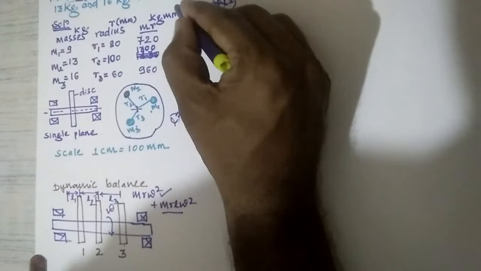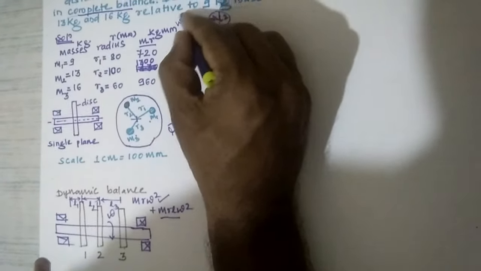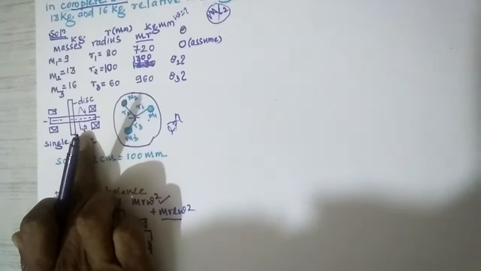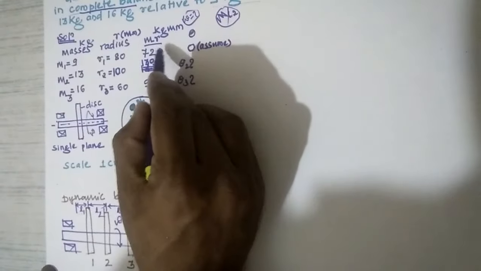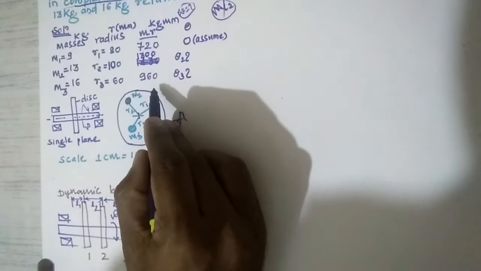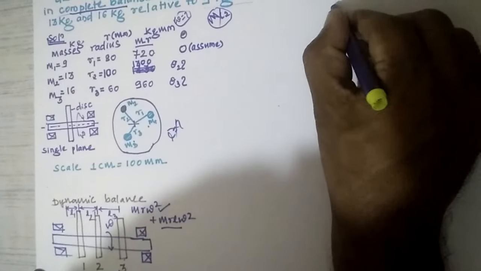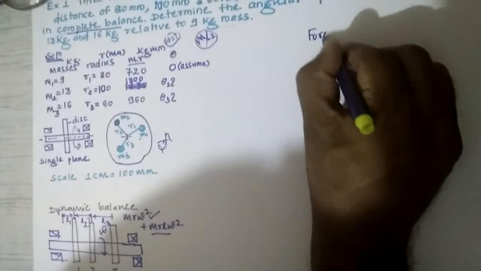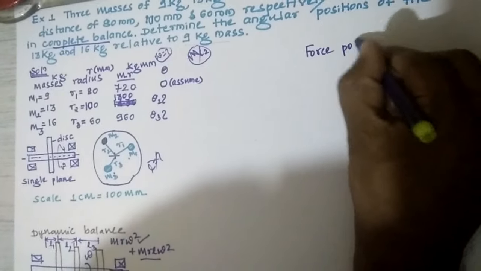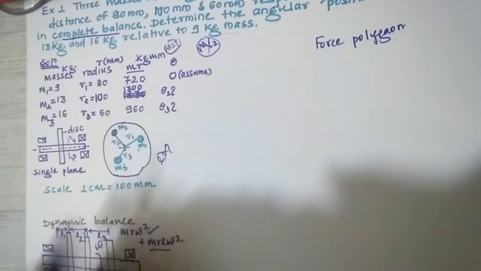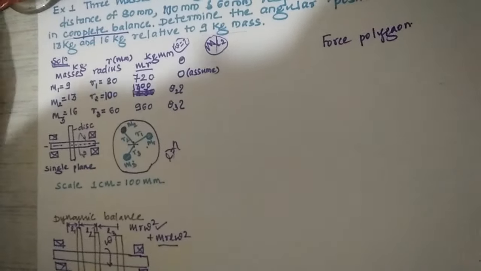Omega is not given, so it becomes a constant and is eliminated, and only the MR product remains. For this MR product you have to draw the force polygon and find the angles related to theta 1, theta 2, theta 3.